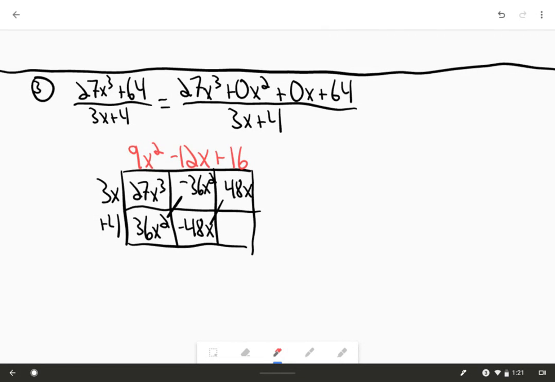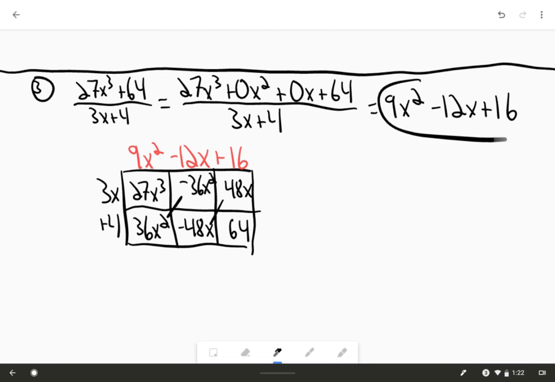And the answer is yes. So now I can go ahead and finish out this column and do 4 times 16. 4 times 16, if I did it right, should be equal to 64. And 4 times 16 is equal to 64. So I get the correct constant term. So I know that this right here is the answer. 9x squared minus 12x plus 16.